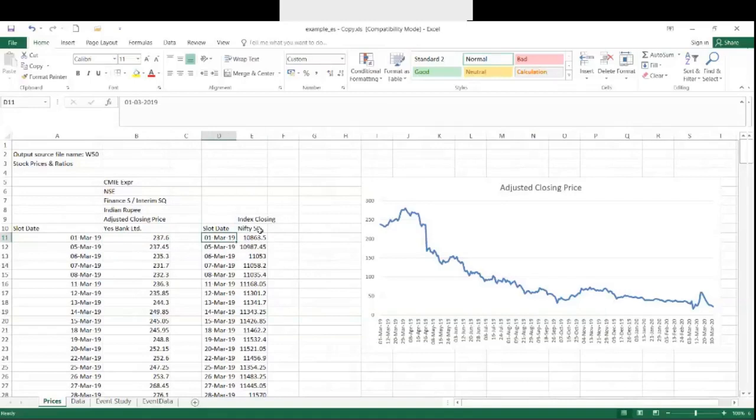Now, one way to address infrequent trading in event study analysis is to account for it. There is a seminal paper by Dimson in 1979 which gives a way to adjust for non-synchronous or infrequent trading in stocks. If your sample suffers from infrequent trading, then you have to adjust the stock prices.